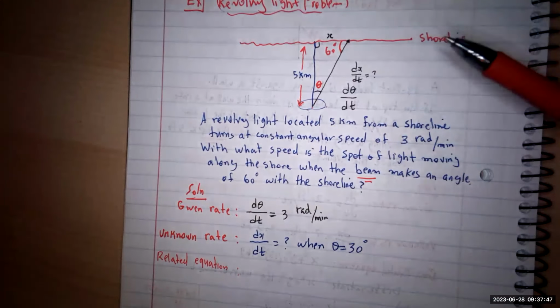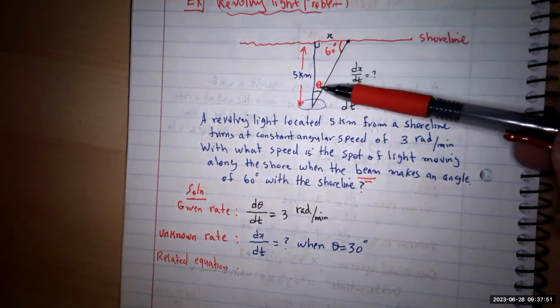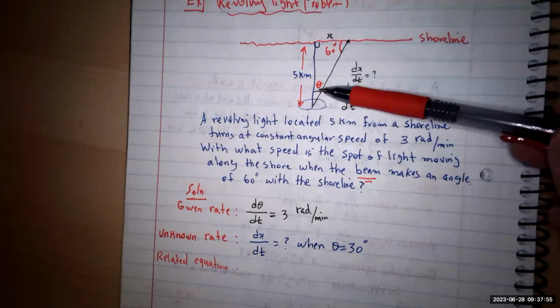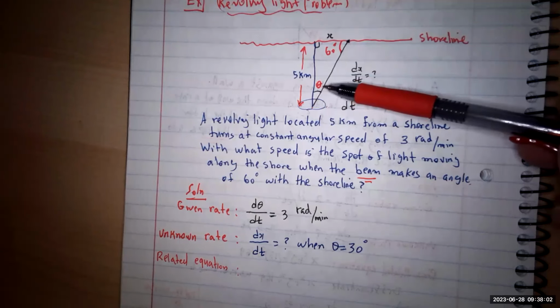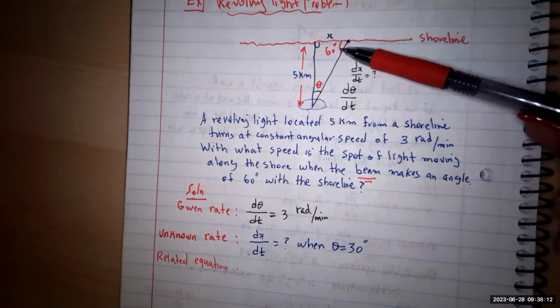You are interested in the relationship between θ and x. Since θ is an angle, you have to look for a trigonometric equation. Your options are sine of θ, cosine of θ, tangent of θ, secant of θ.